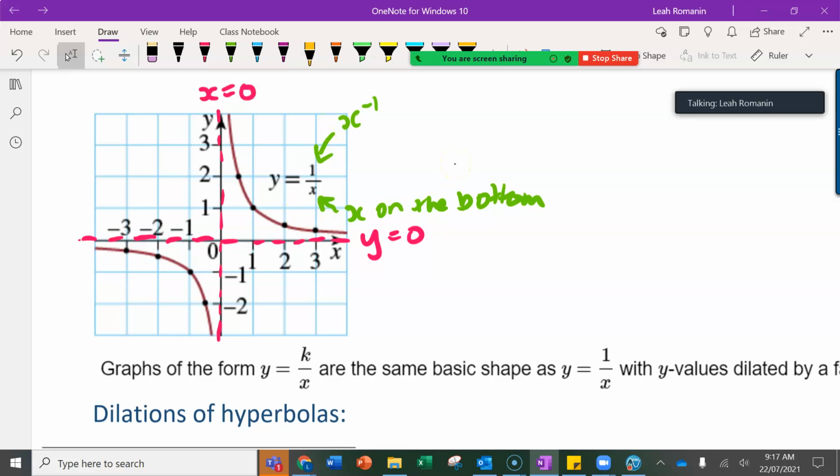Now, the number on the top here where we have a 1, this is our regular graph, 1 over x, no translation, no dilation, no reflection, nothing. This is our standard graph.